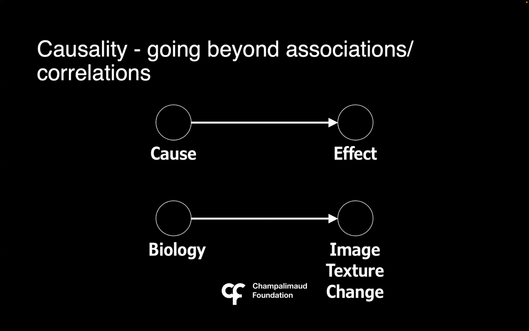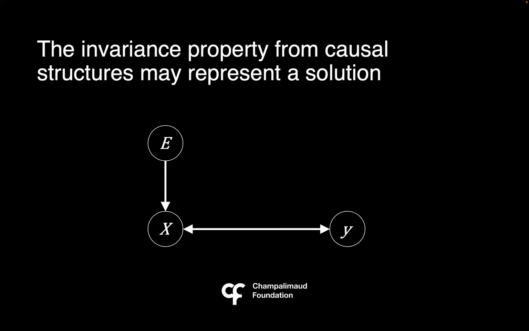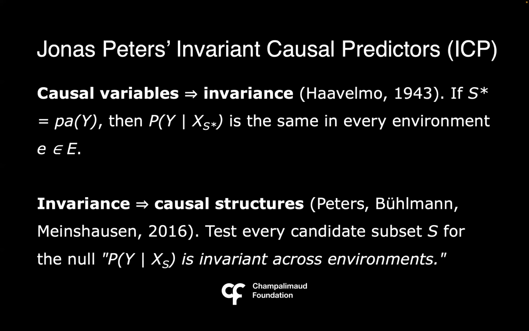So based on this, and relying on the invariance property from causal structures, we started to explore this. This was work developed taking a lot from the invariant causal predictors work from Jonas Peters, where back in 1943, this Nobel Prize of Economics defined that causal variables imply invariance.